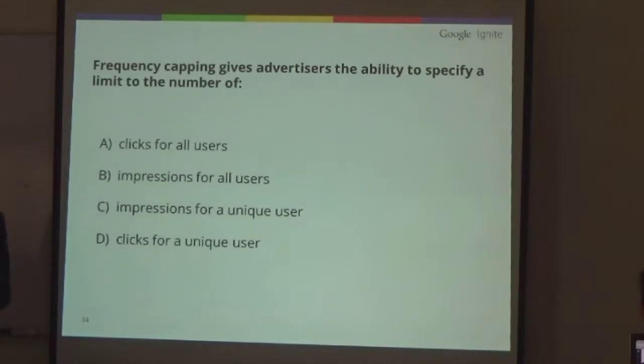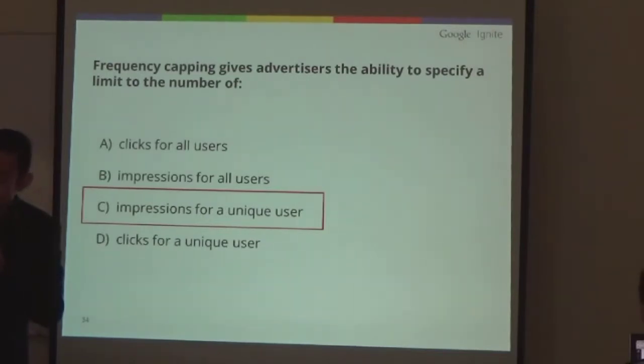Clicks, impression. Okay, now, between B and C, impression for all user or impression for a unique user? Okay, bear that in mind, the definition of frequency capping, you are actually defining a cap for a specific, unique user, not for all users. Yeah, unique users. So the keyword here, impression for a unique user.